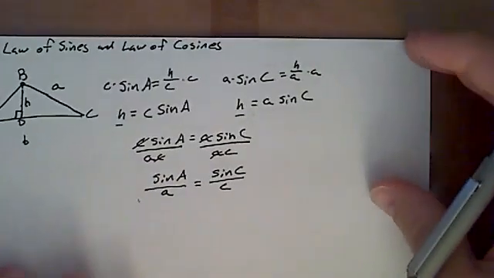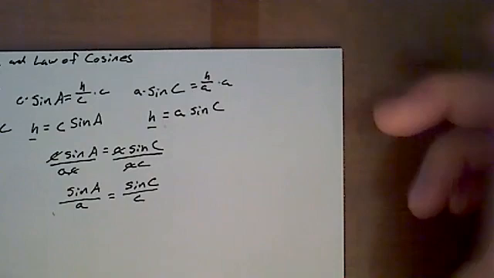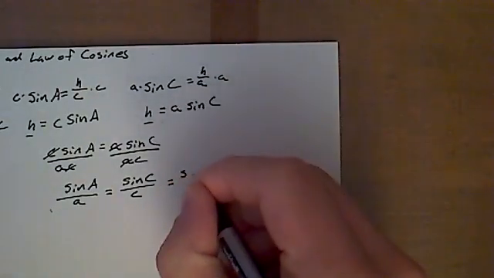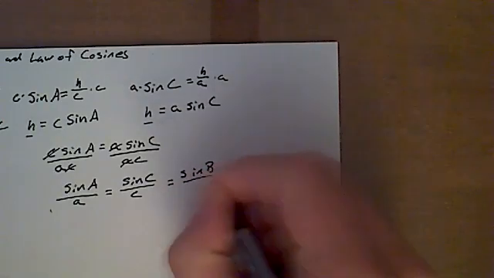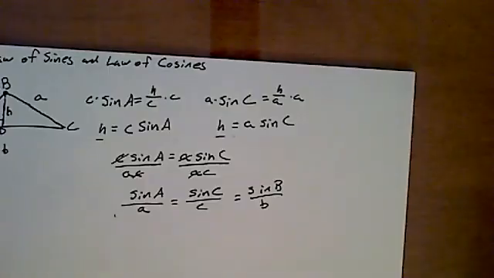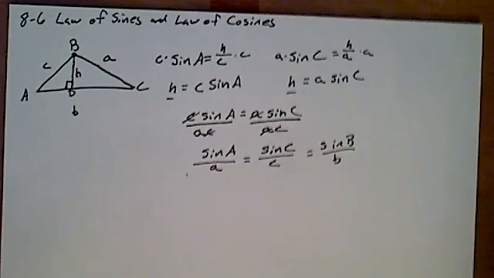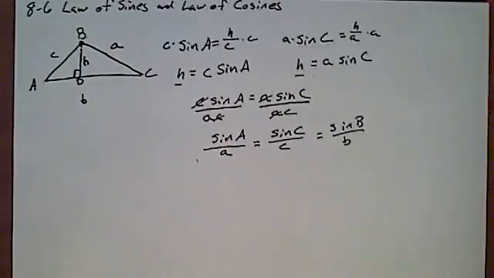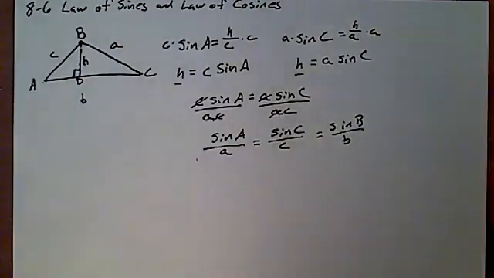Now, by extension, without having to do all of the extra work, this also means that these are equal to sine B over b, right? So that proportion, that ratio, is also true in this set, right? Usually you're going to see it written out in order.